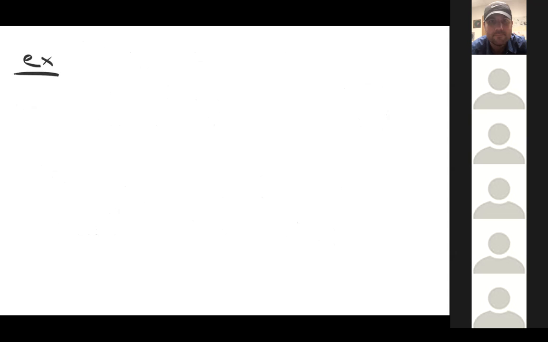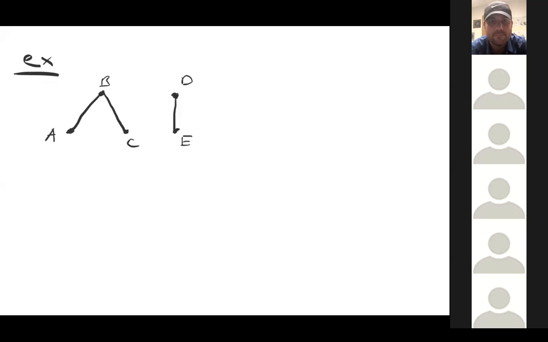So if this is my graph, the question I have is: is that a tree based upon the definition I just gave?